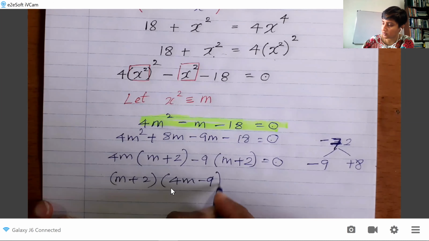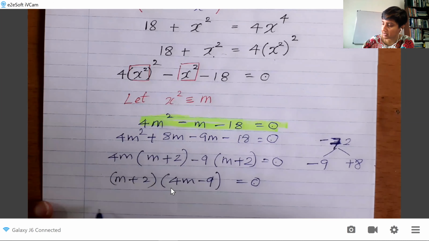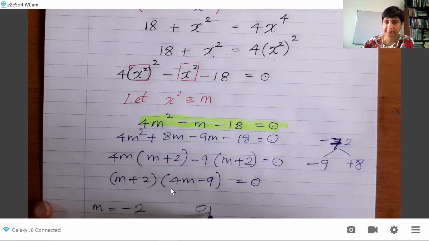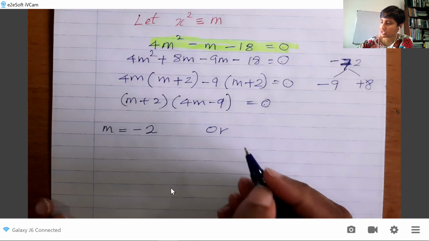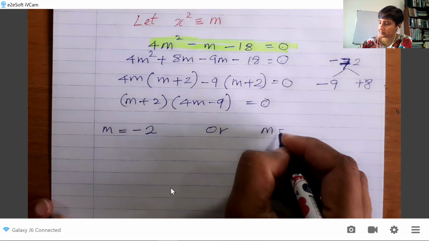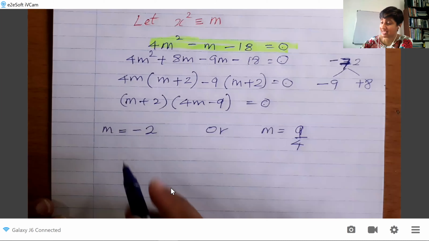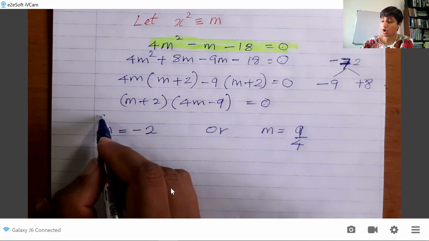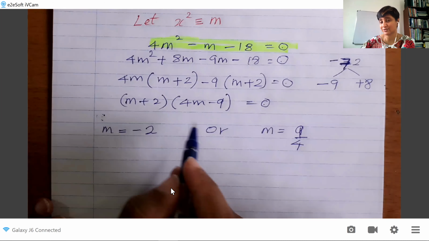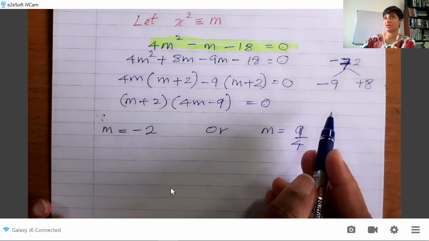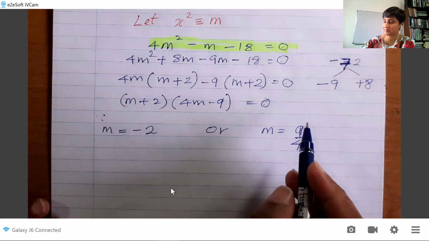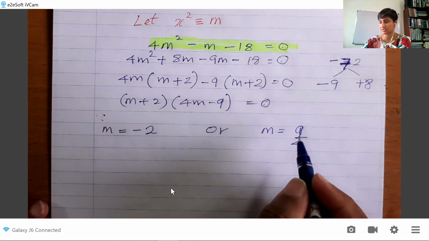I can see now, I get m is minus 2, or m is 9 over 4. Now I'm not even showing you that step where I say m plus 2 is equal to 0 or 4m minus 9 is equal to 0, because we are in advanced level now, right? You can skip that step because you can see what the two solutions are.